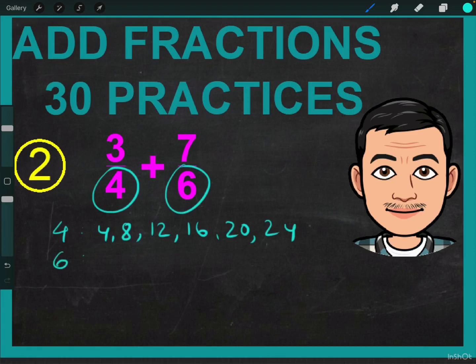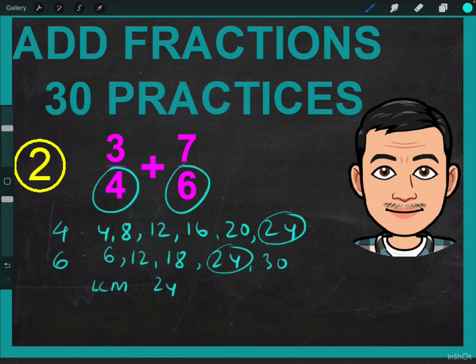For 6 we have 6, 12, 18, 24, 30. So we see 24 is the common multiple with the least value, so the LCM is 24.